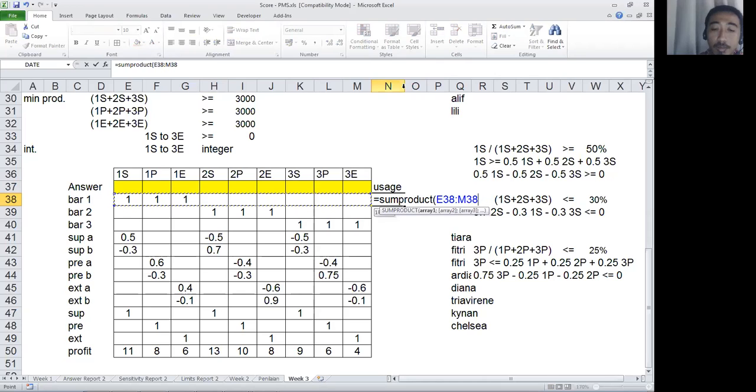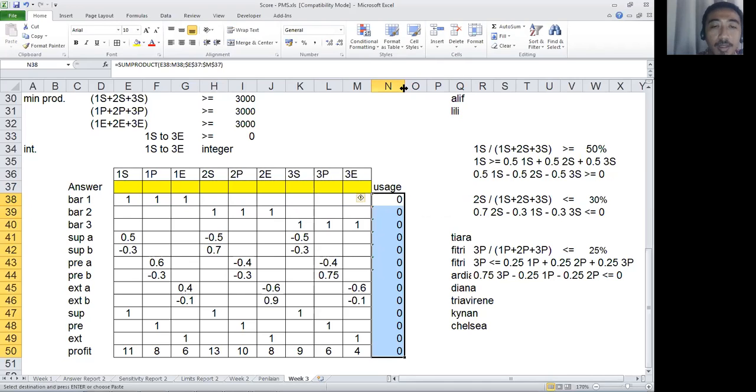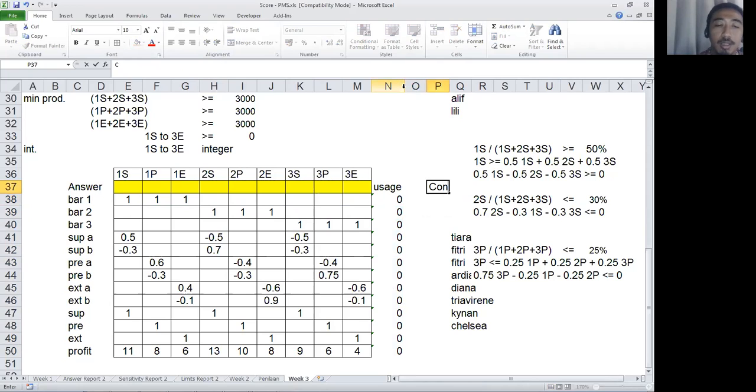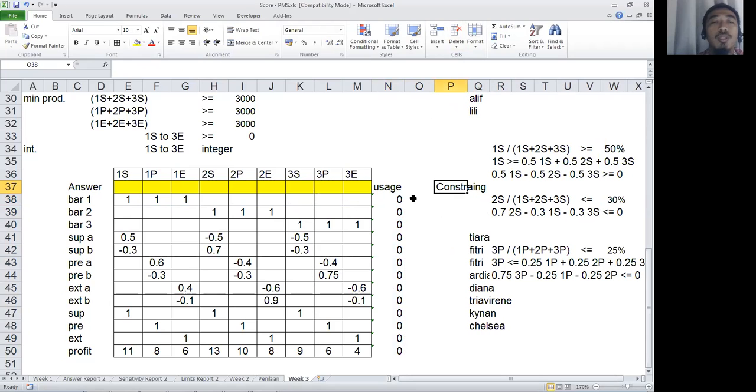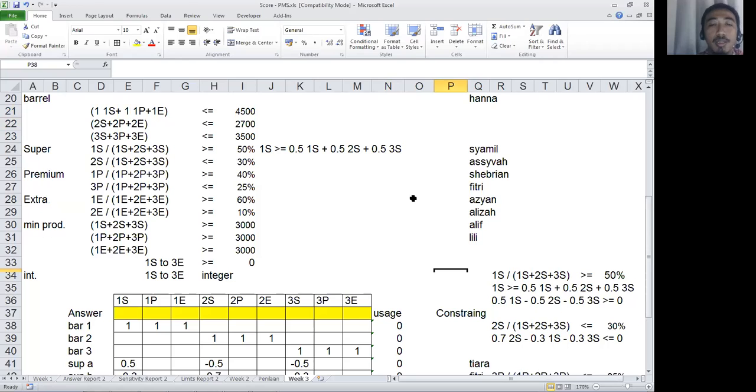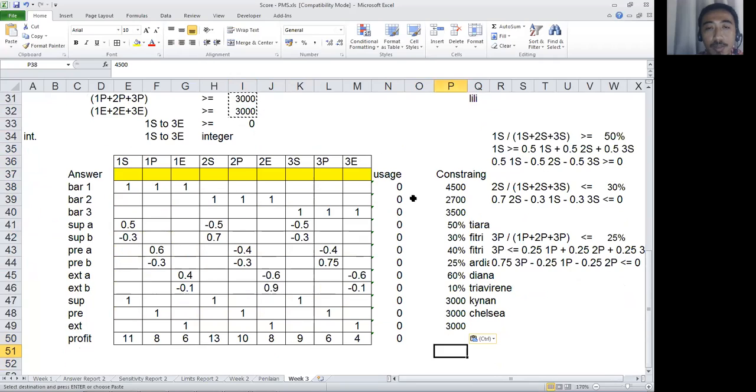This one multiplied by this one, and we put the dollar sign here to lock this. And then we put what? The constraint. You can put the sign here just to remind you. The constraint itself is what? We can just copy this one. But which ones do we need to change from all of these numbers?